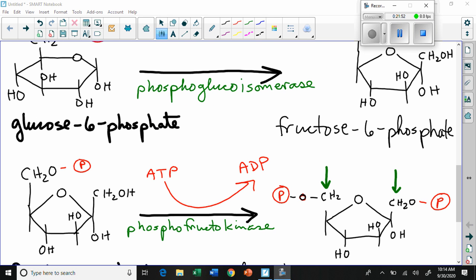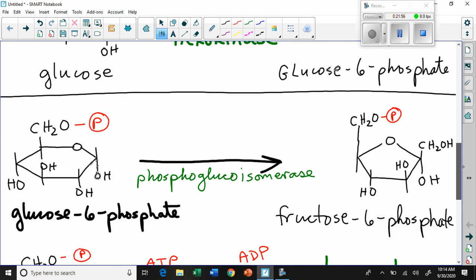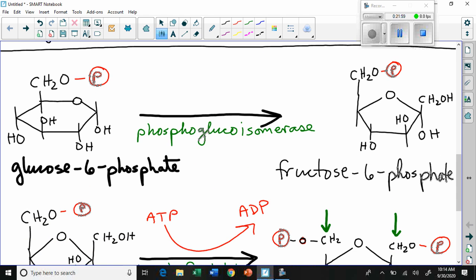So there was some confusion about this. If we go back, we jumped back to step number 2, right? And the name of this isomer in the textbook is called something different in your book. It's a similar name. It's called phosphoglucomutase. That's just another name for this same enzyme. Doesn't really matter which one you call it. You can see how it's named.